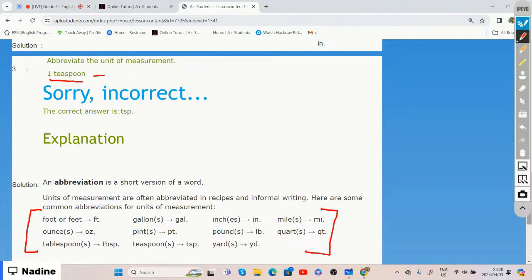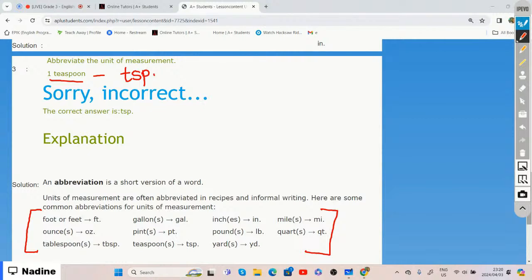Yes, well done. Now just put the period also there. All right, yes. So if we abbreviate teaspoon, then teaspoon is TSP followed by our period, right? That is the abbreviation for teaspoon.